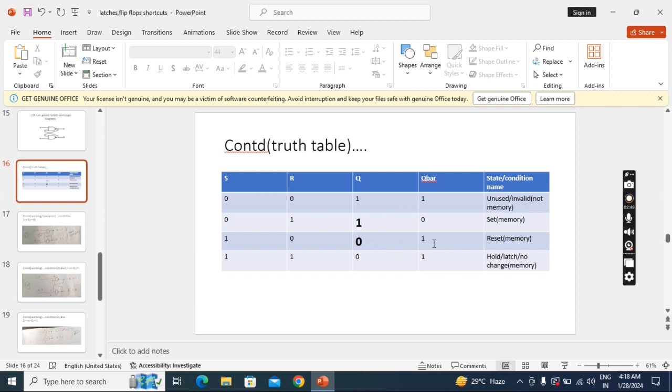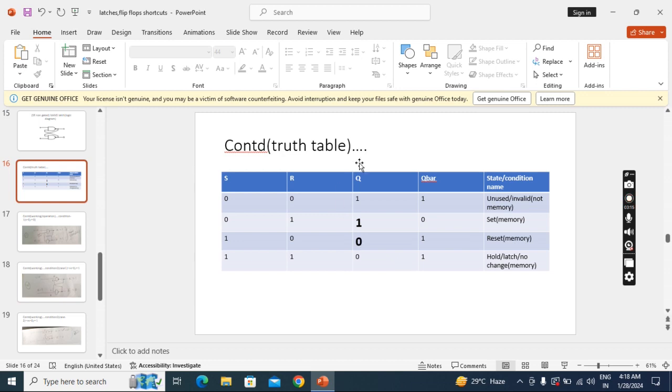So in the third condition, 0 1, now 0 is stored. So this we call reset. 0 means reset. Then next again 0 1. Previously 0 1, now also 0 1. It is maintaining the previous state. So whenever it is maintained as previous, then we call it hold or latch or no change.